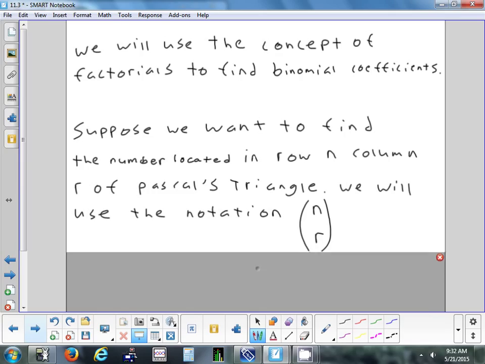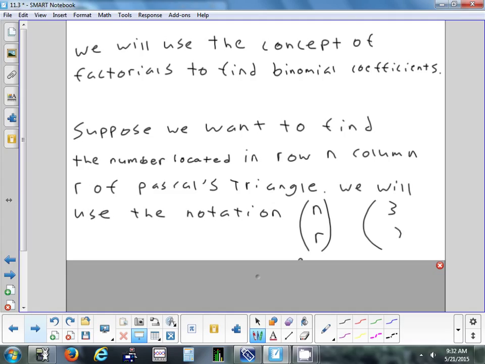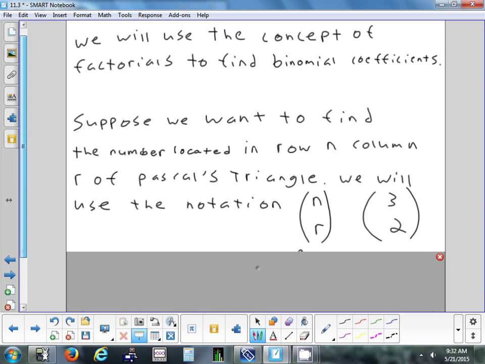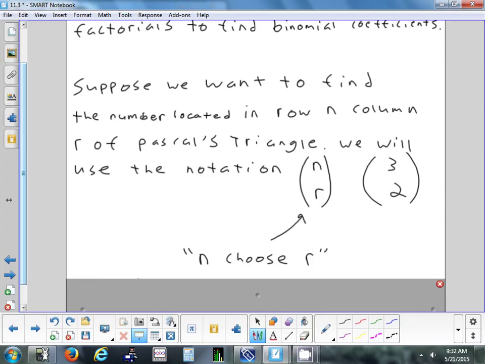Okay, and the notation we'll use is that. If you wanted to know the number in row 3, column 2, you'd write this. The way you pronounce it is 3 choose 2. The reason we pronounce it this way is because it has to do with combinatorics.